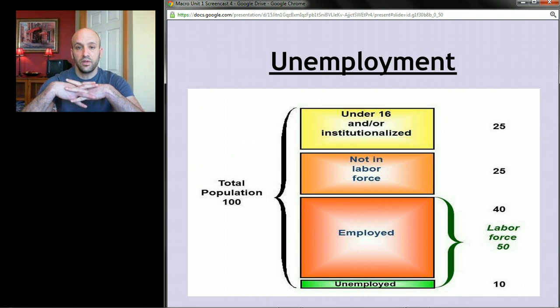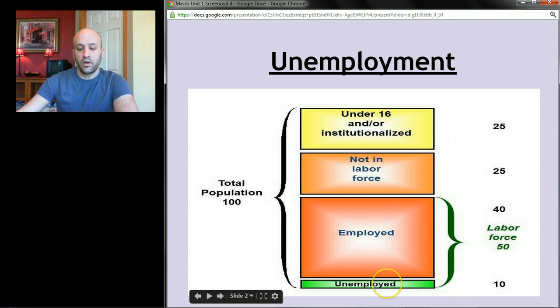Now the lower two boxes are called employed and unemployed. To be employed, you have to have a job. That's kind of obvious. To be considered unemployed, you have to both not have a job and you also have to be looking for a job. So when we talk about the unemployed in this country, we're only talking about that little sliver of people in that green box down there, the unemployed.